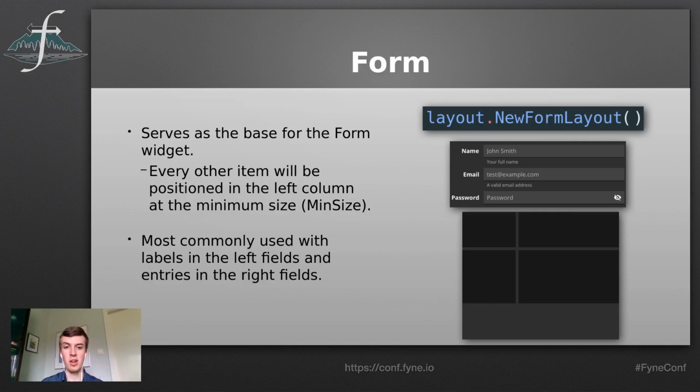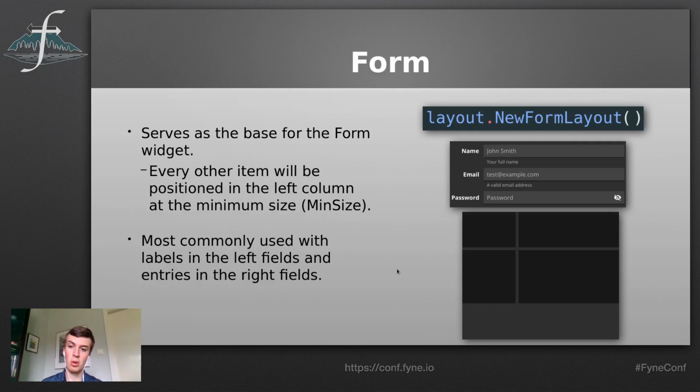So the objects in the left column are going to be compressed to their minimum size, or their width, and the entire column is going to have the width of the largest item in that column.